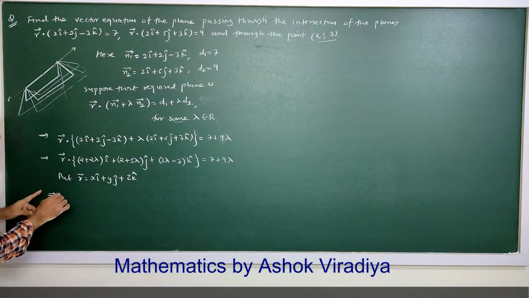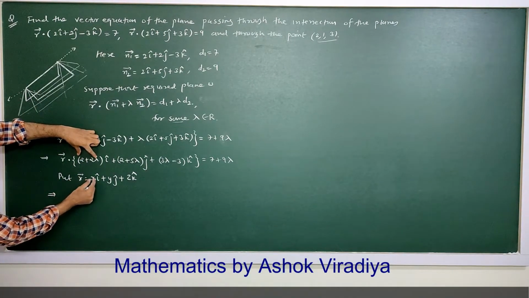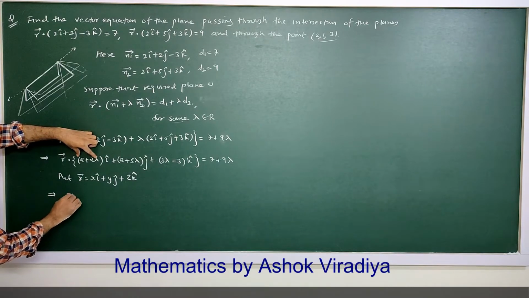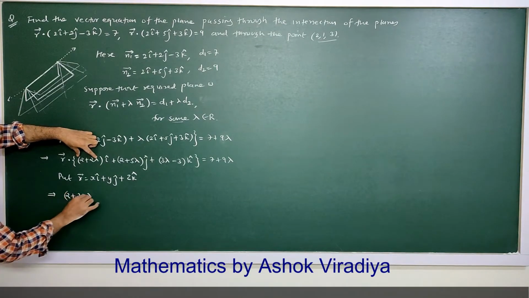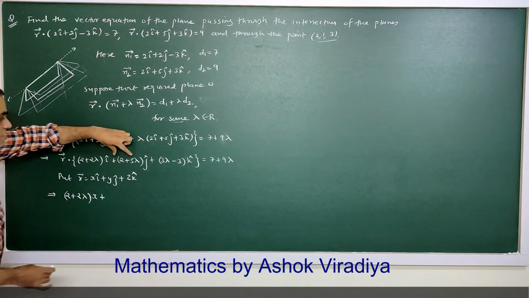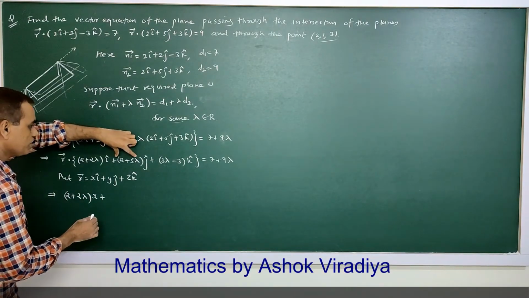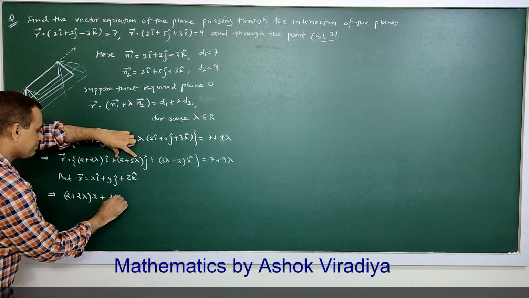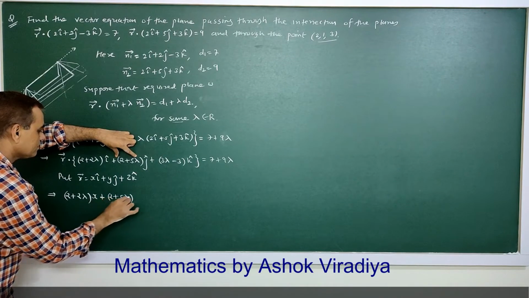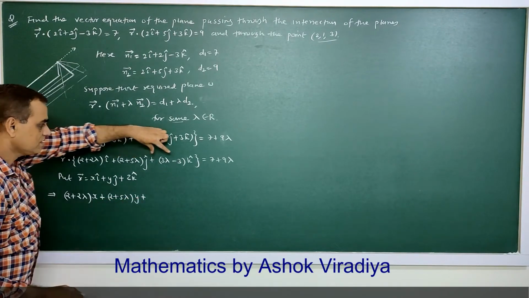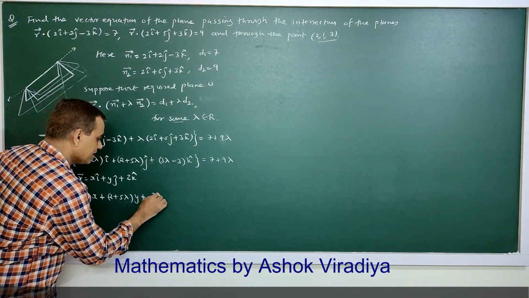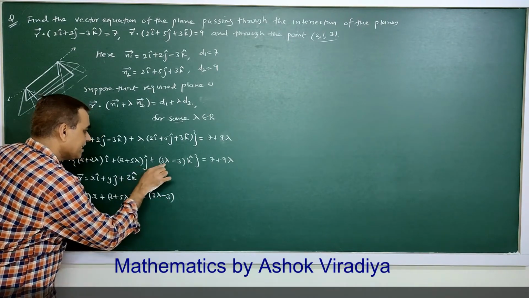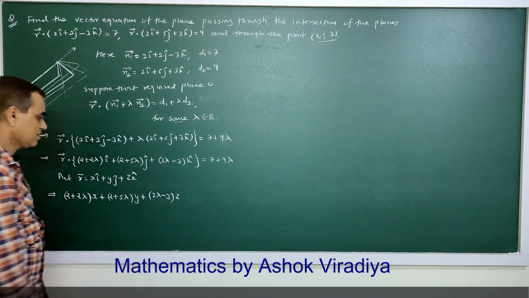Therefore (2 plus 2 lambda) times x, plus (2 plus 5 lambda) times y, plus (3 lambda minus 3) times z.